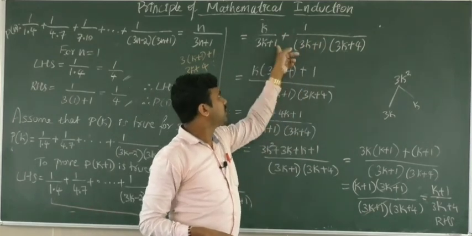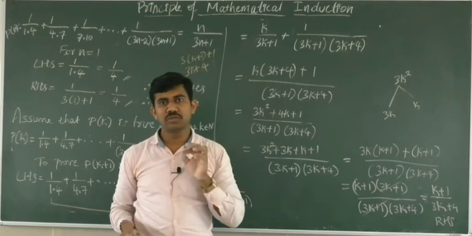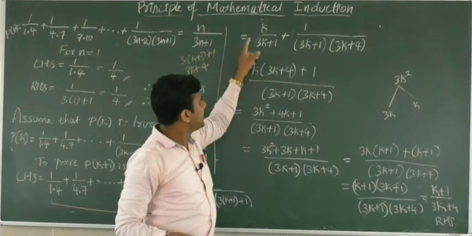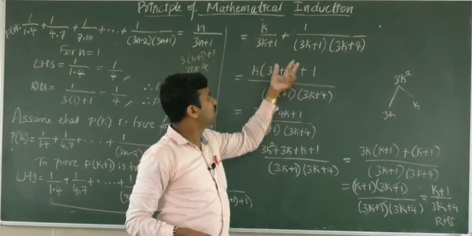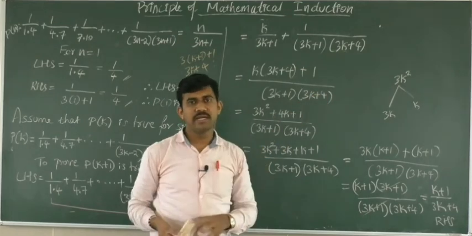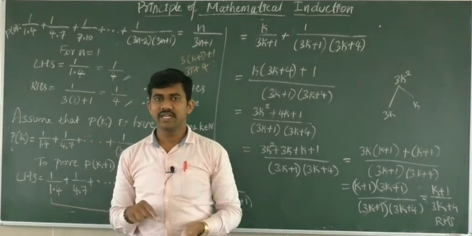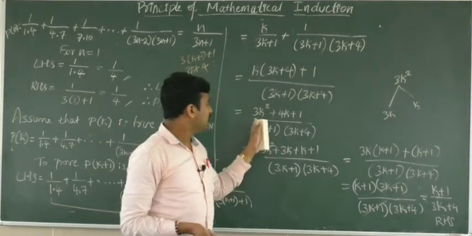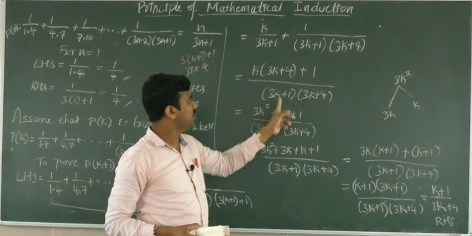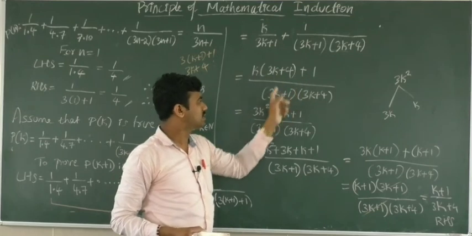So you need to make a common denominator, so you should multiply and divide the first term by 3k plus 4. Then we will get k into 3k plus 4 plus 1, whole divided by 3k plus 1 into 3k plus 4. It is nothing but taking the LCM. Now multiply k into 3k, 3k square, k into 4, 4k, plus 1 as it is.